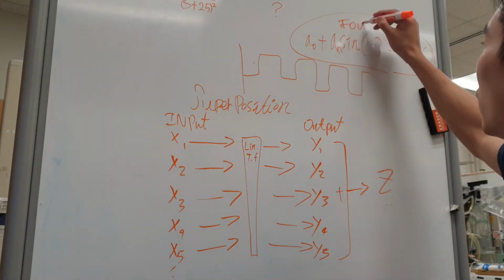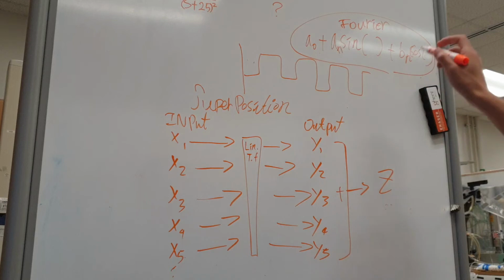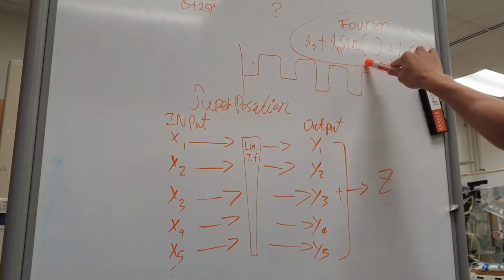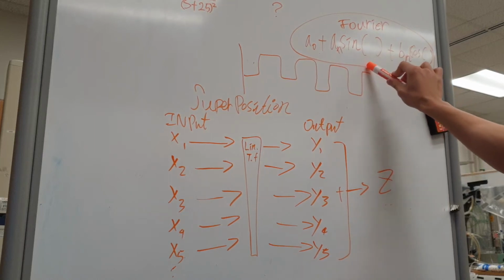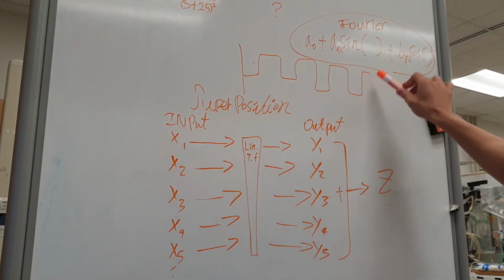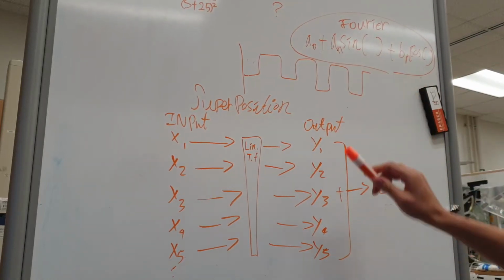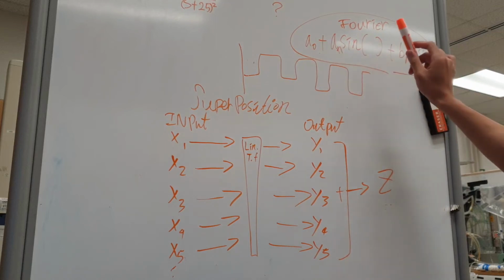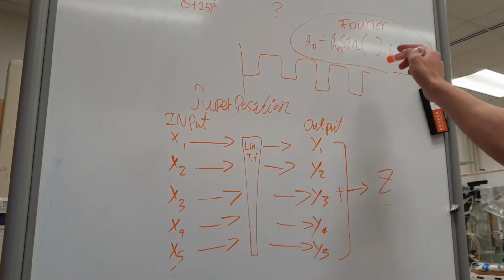So, Fourier series. If we only have an output of this complex periodic function, we can divide this complex function according to the Fourier series, and we'll have multiple or even an infinite number of these harmonics, and then we can get the output.